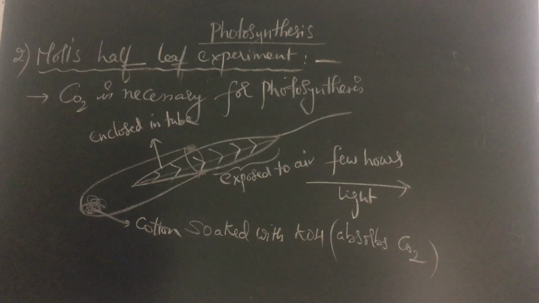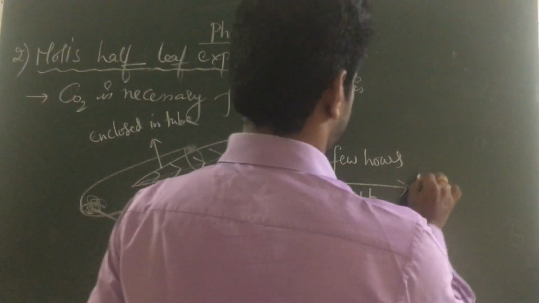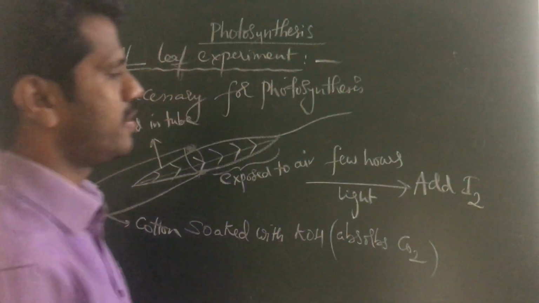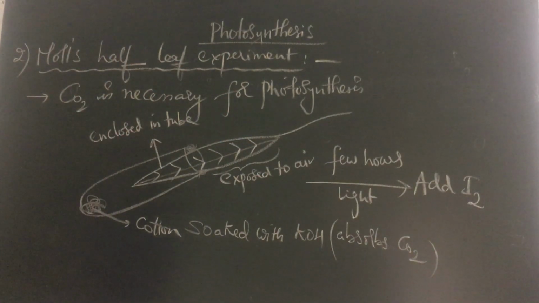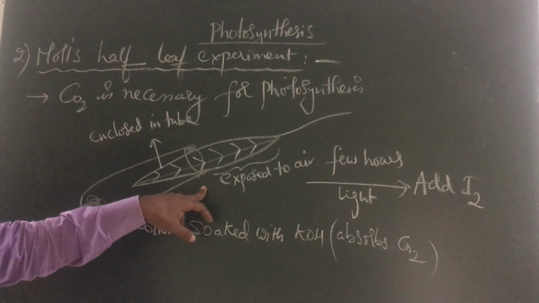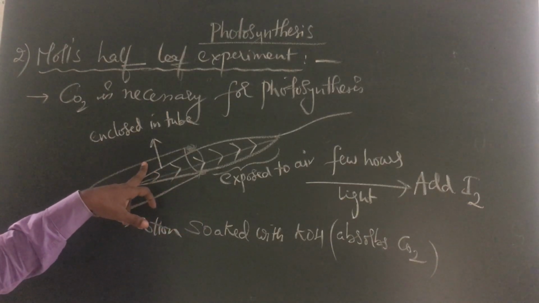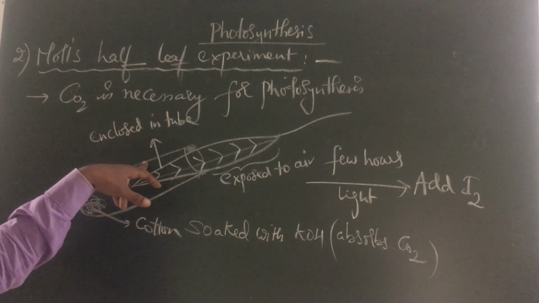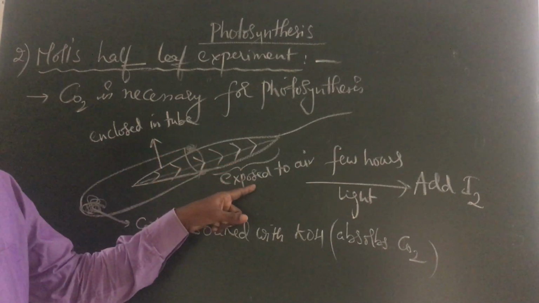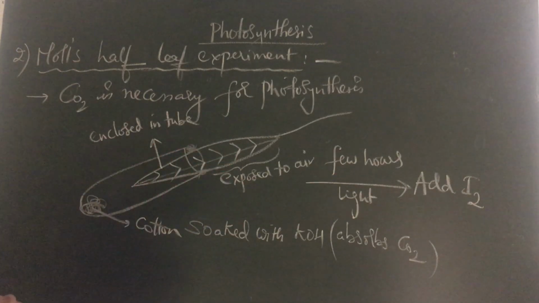Then you add iodine. Again the same thing, iodine test. When you add iodine, the enclosed leaf is non-blue in color, whereas the exposed leaf will turn blue in color. Why?